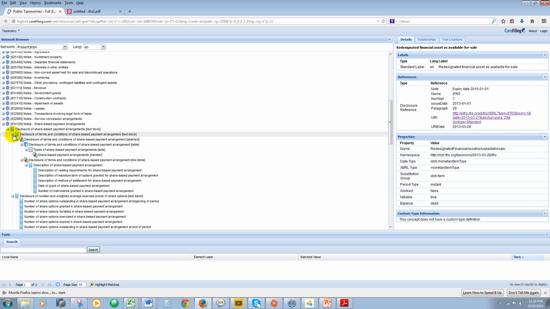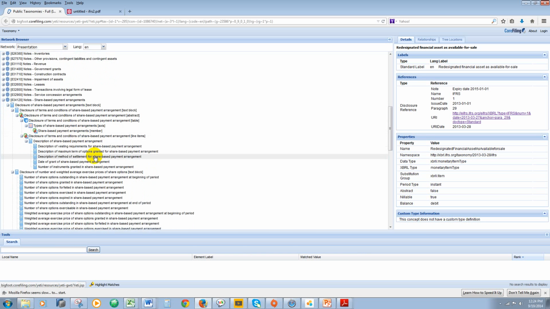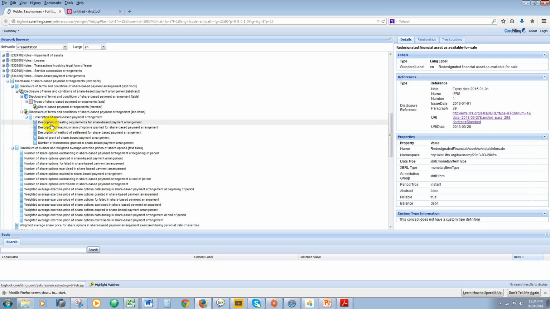And if we expand this, we see a table, disclosure of terms and conditions of share-based payment arrangement table, and then there's an axis, type of share-based payment arrangements, and then we find the member, share-based payment arrangements member, and these are the line items for this table.